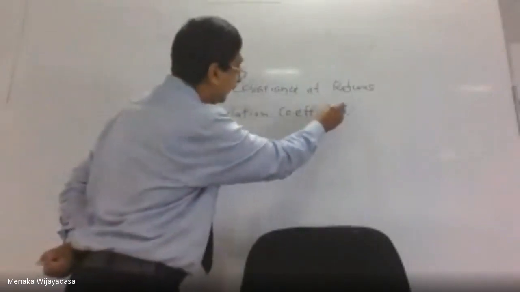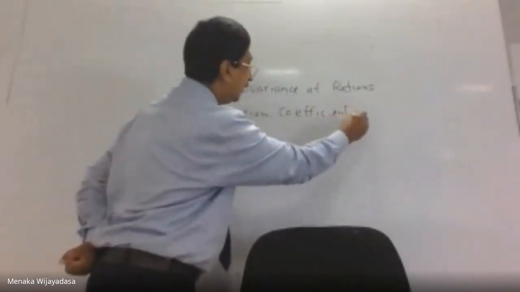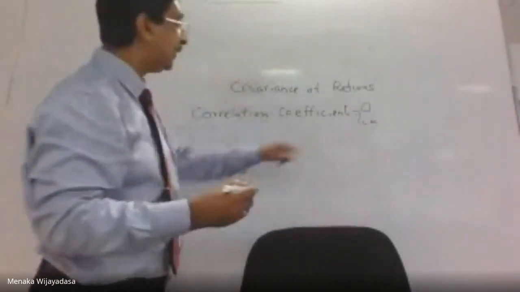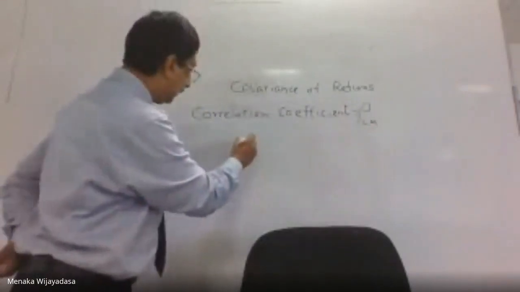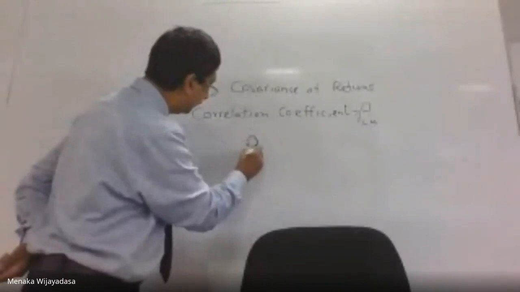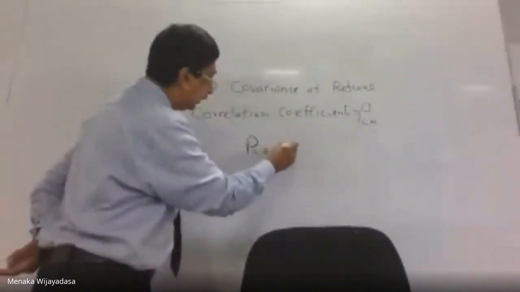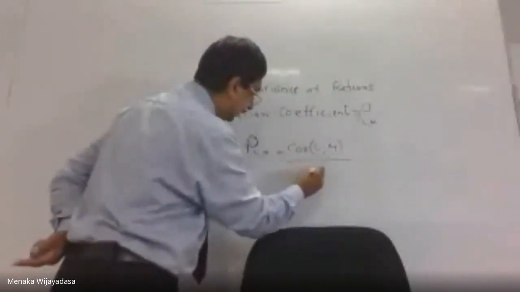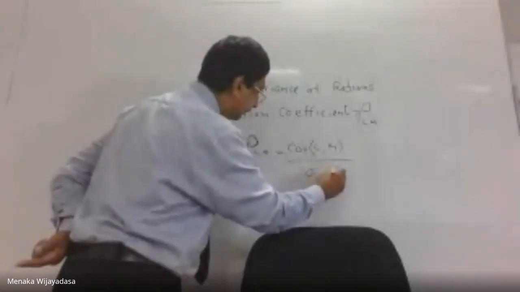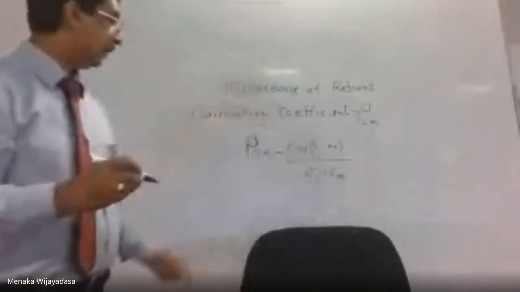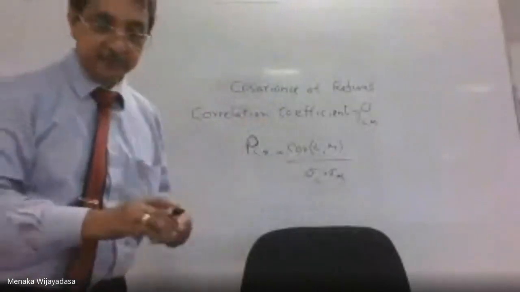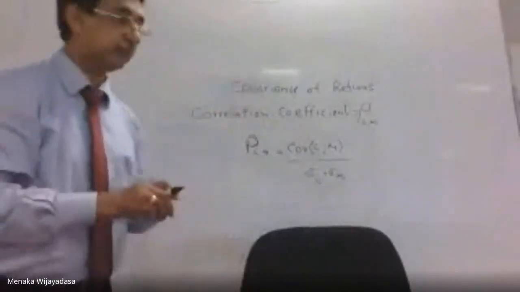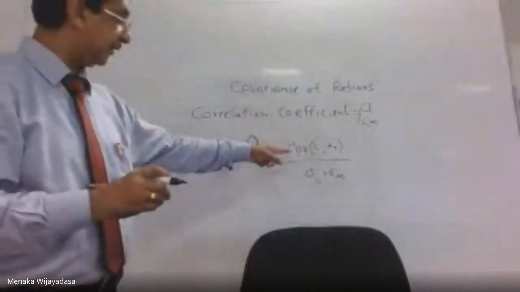The correlation coefficient is symbolized as rho. If it is L and M, you put it as rho LM. Rho LM is equal to covariance LM divided by sigma L into sigma M. This particular relationship is a very important one.